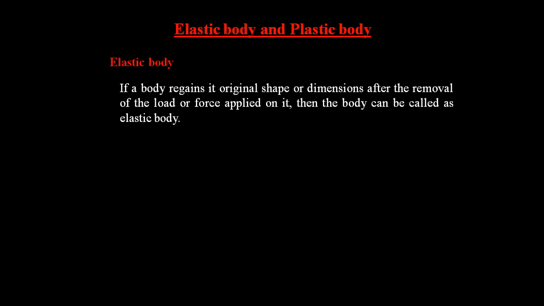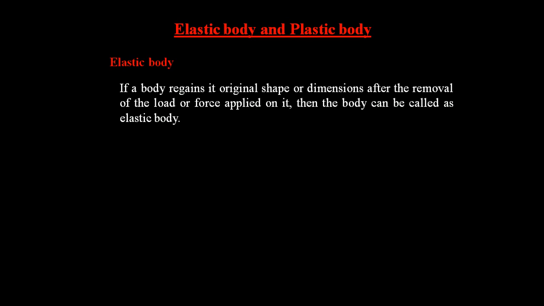And now we try to discuss elastic body. What do you mean by elastic body and what do you mean by plastic body? So now look at what definition we can give for the elastic body. Here the definition I have given: if a body regains its original shape or dimensions after the removal of the load or force that is applied on it, then the body can be called an elastic body.